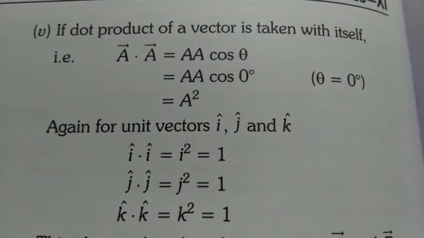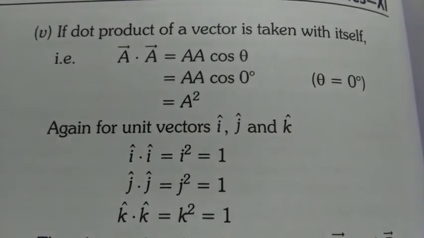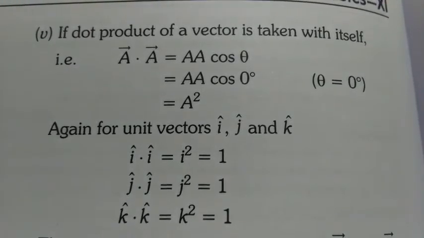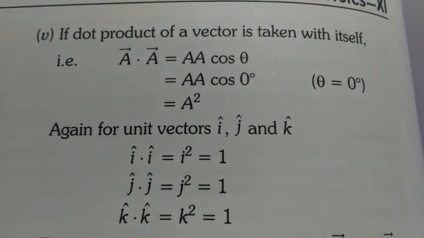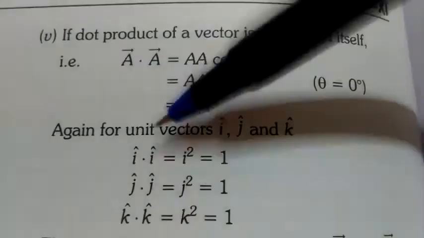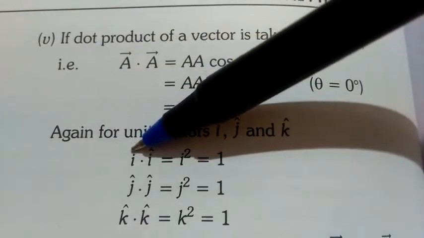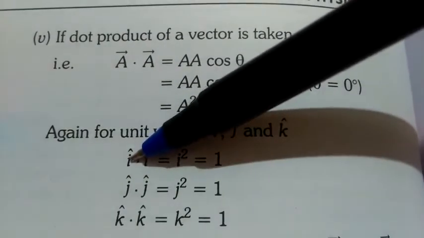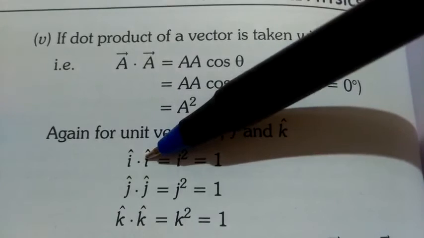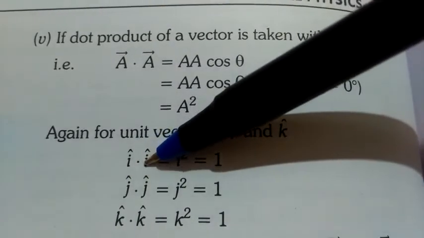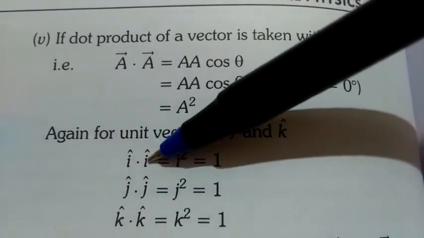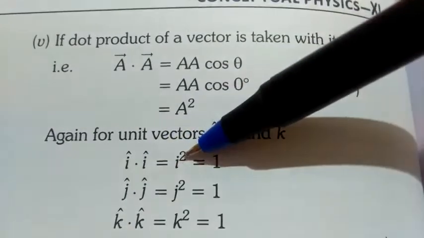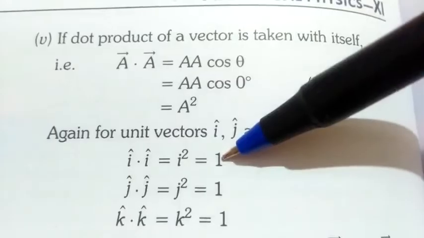I hope you have understood why this becomes 1. Here, i dot i means the x direction is being multiplied with the x direction in a dot product. So the angle between i and i, x axis and x axis, is 0. When the angle is 0, cos 0 is 1, so here we have only i square and it equals 1.